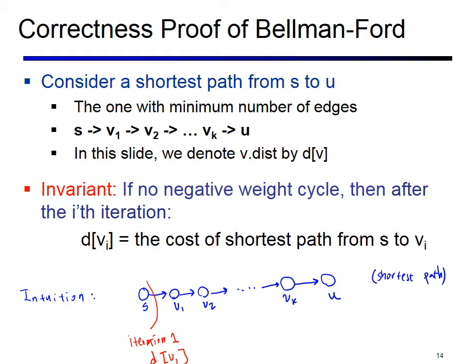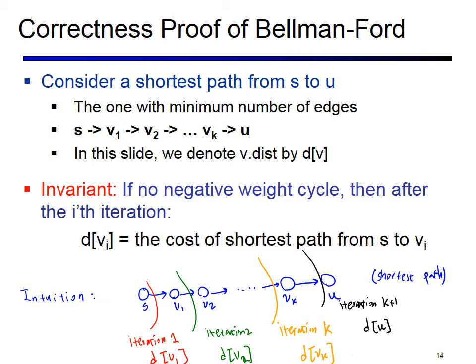If we relax all of the edges in the second round of the algorithm, the edge V1 to V2 is going to be relaxed. And with a similar argument, the value of d of V2 becomes the cost of the shortest path from S to V2. So after the ith iteration, we can show by induction that d of Vi will be the weight of the shortest path from the source S to Vi.